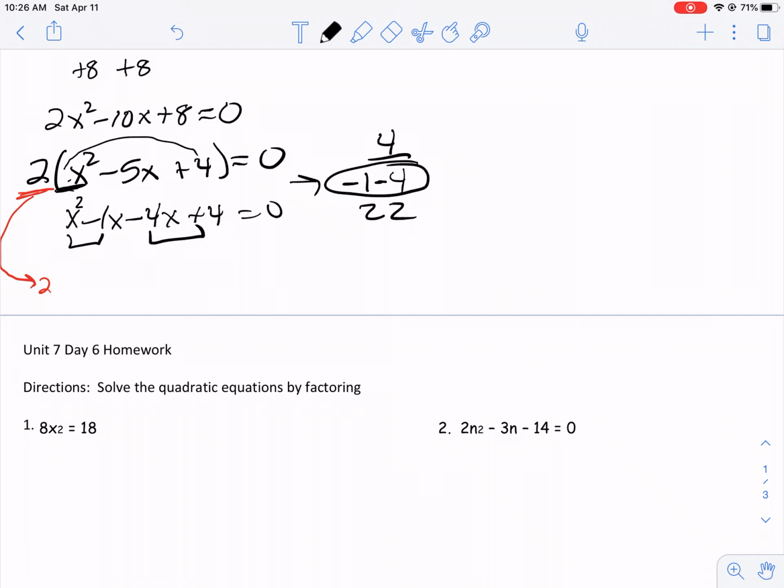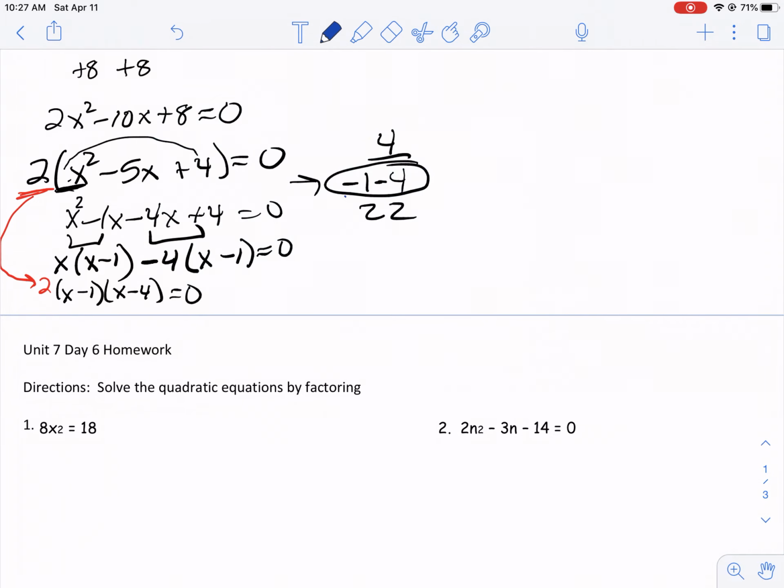Groups of 2. GCF of the first group is x. So when you divide by x, you get x minus 1. GCF of the second group, since the group starts with a negative, your GCF is negative 4. Divide both terms by negative 4, and you get x minus 1. So then here's my little 2, which is going to be next to the x minus 1 and the x minus 4, and we still have equals 0.